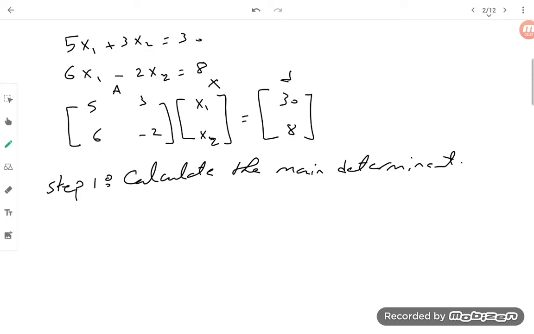And then the second step is to replace the first column of matrix A by the column vector D.